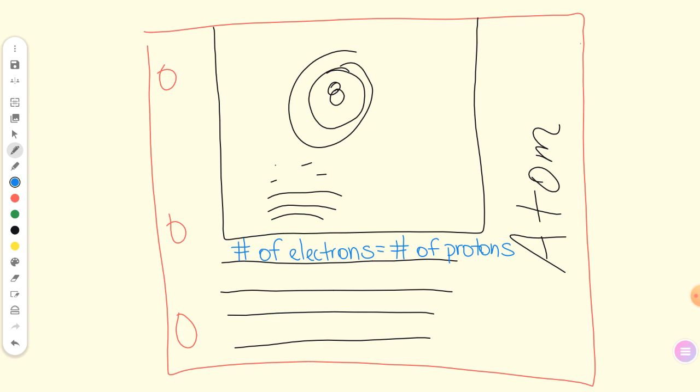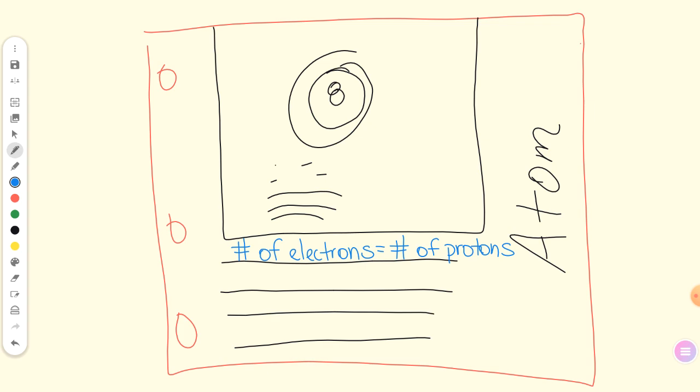That's always true for now. So the number of electrons is equal to the number of protons. Does everybody have that?